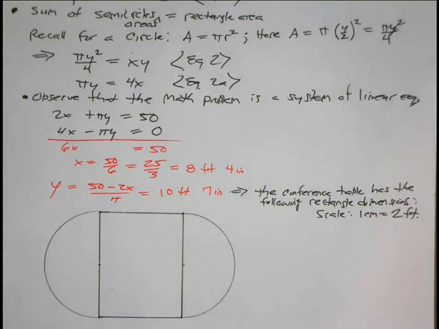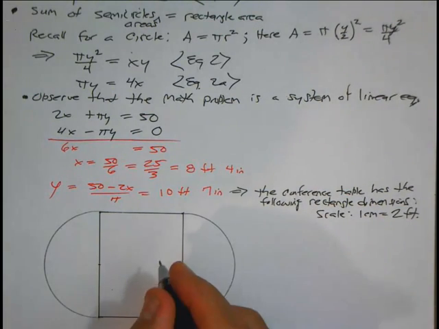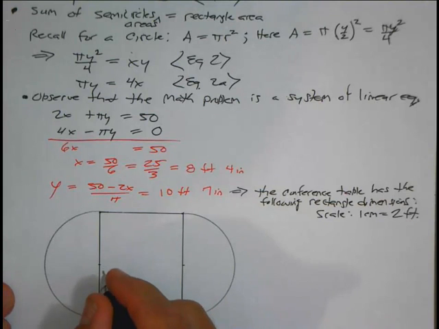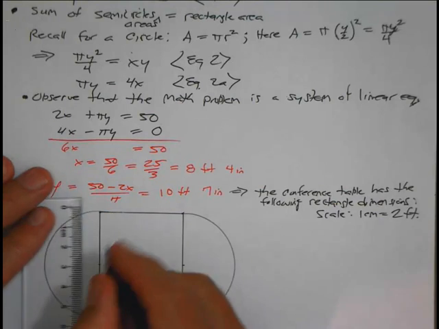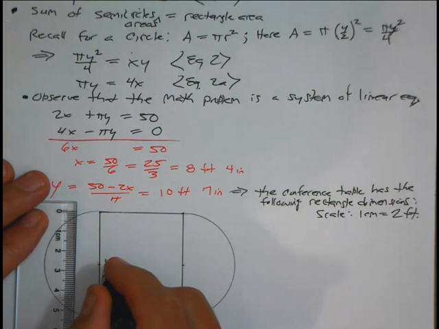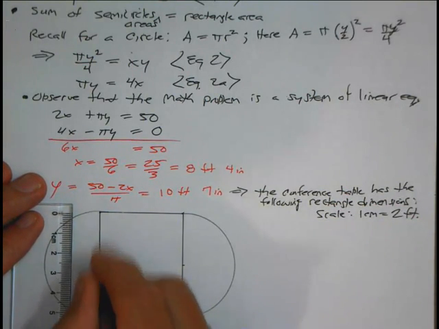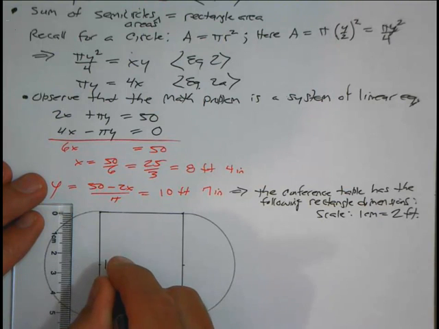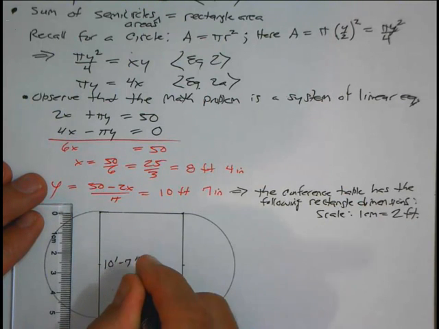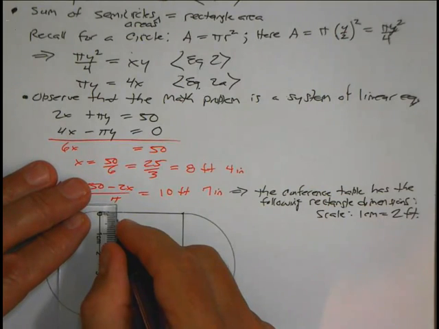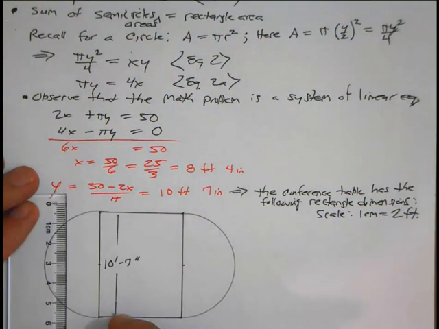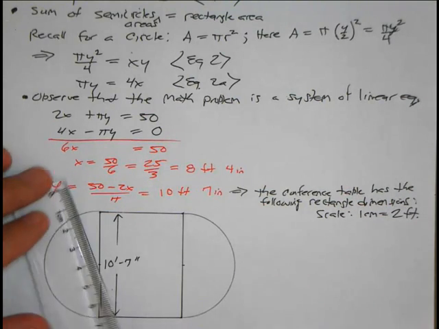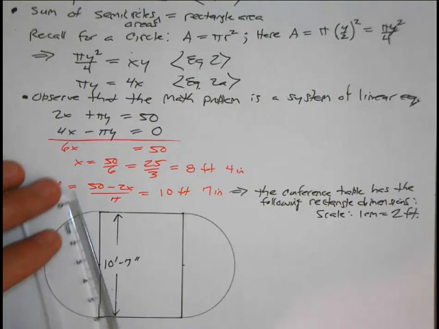Okay. Let's put our rectangular dimensions in here. We have across here, 10 feet, 7 inches for the y dimension here. And across here, we had 8 foot 4 inches.